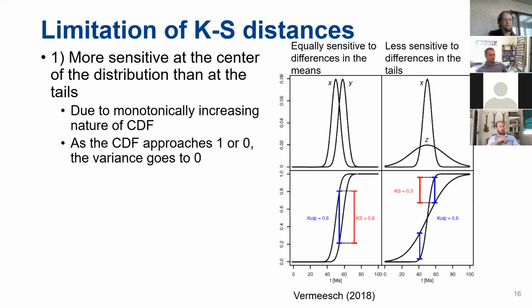So the variance in this data set necessarily goes to 0, because at some point you've got to get to either 1 at that end or 0 down at that end. And the effect of this is that if you're looking at differences in the means, the Kuiper value and the KS value tend to be equally sensitive.